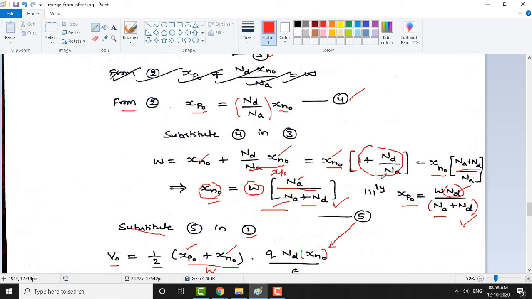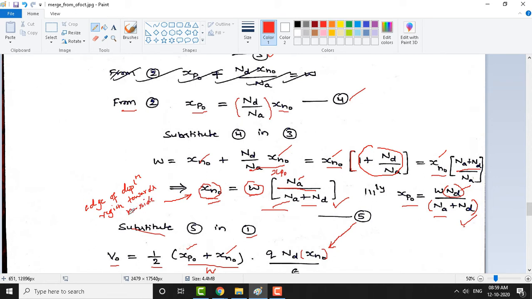So this is the width in terms of xn naught, and xn naught can be obtained by sending this to the other side. Then xn naught is equal to W, the width of the depletion region, times Na divided by Na plus Nd. Remember that xn naught is the edge of the depletion region towards the n side.